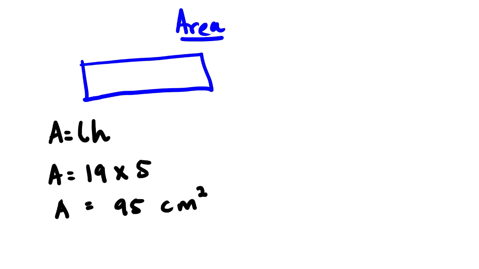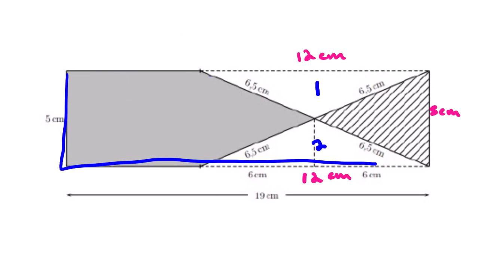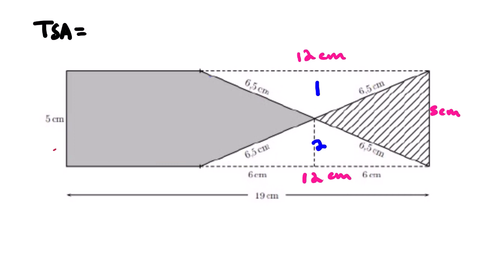Since we have the overall, so that we don't get confused, let me write the equation. The total surface area of the entire figure is equal to, let me say this is the blue one.